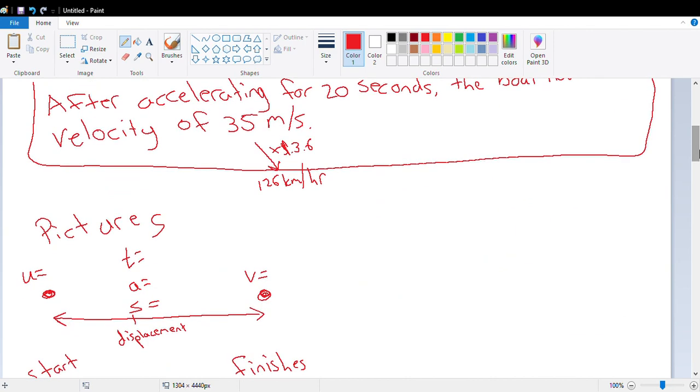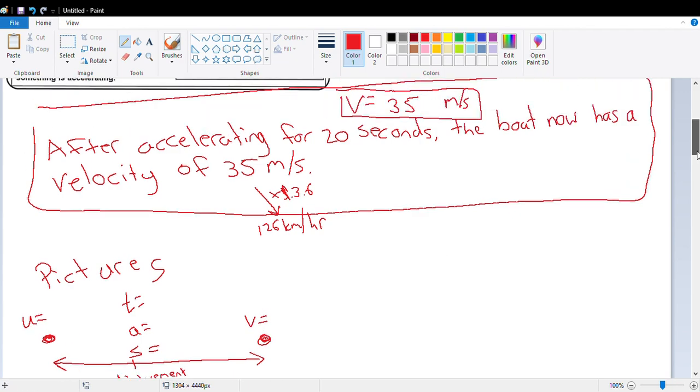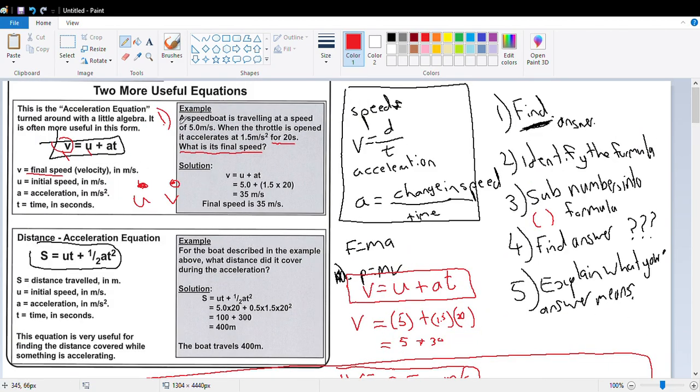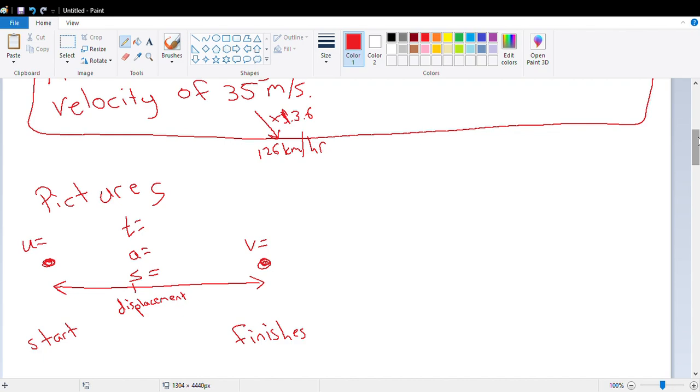So I'm going to start by thinking about how fast was the boat going initially, U, and how fast was the boat going at the end of the situation. We started at a speed of 5, we finished at a speed of 35.